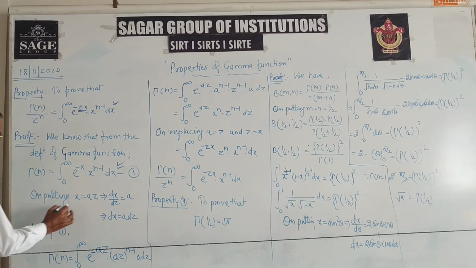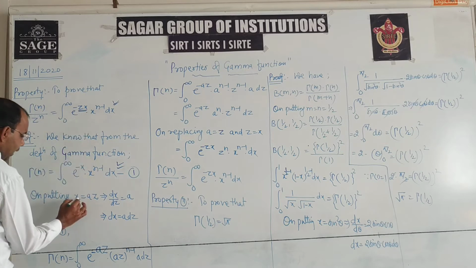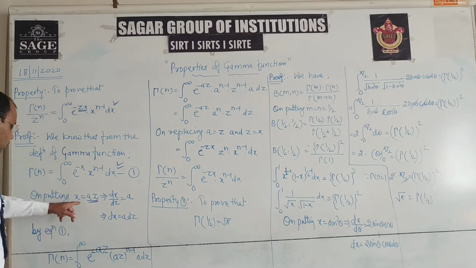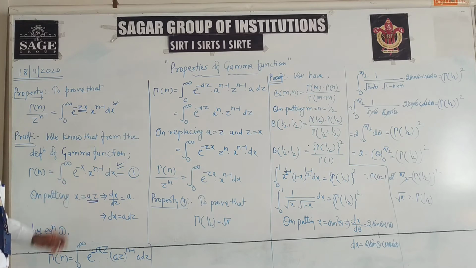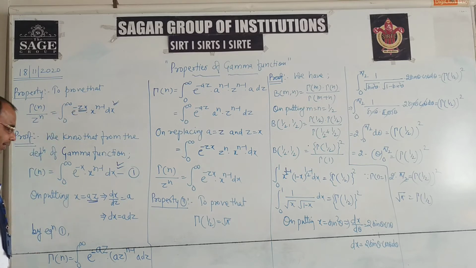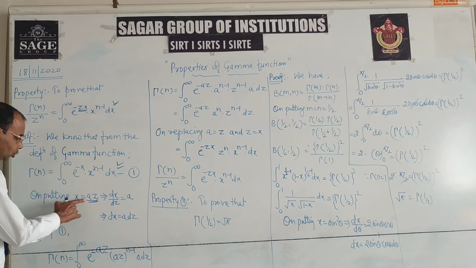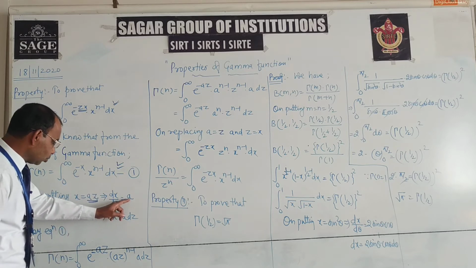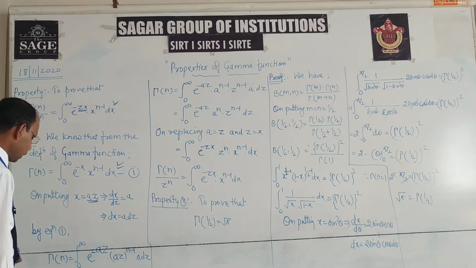So on putting x equal to az, we change the variable x into z because the proof uses z. Therefore x equal to az, so dx upon dz equal to a, so dx equal to a dz.